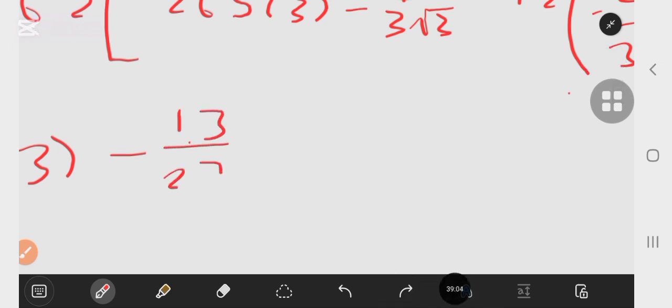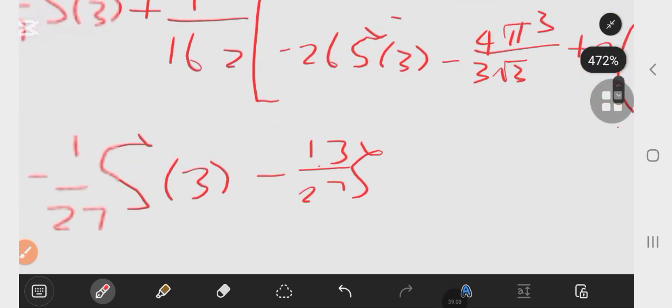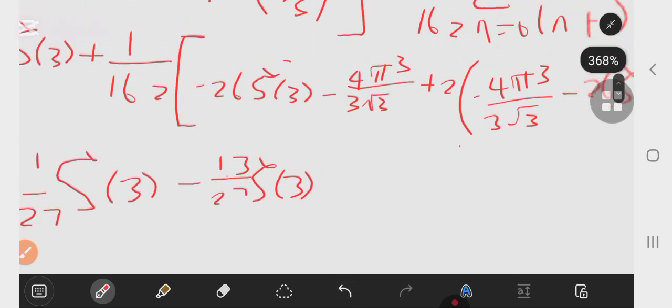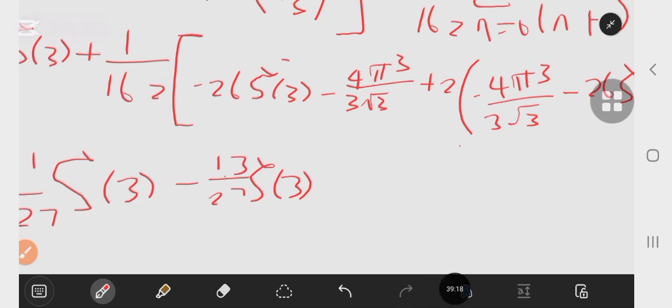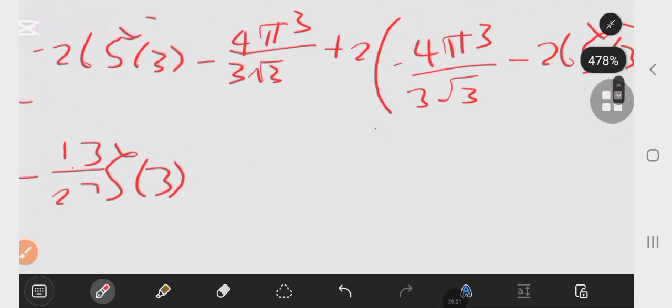Then zeta 3, and from here, after evaluating, I'll have minus 4 pi cube over 3 root 3 and then 4 pi cube over 3 root 3.